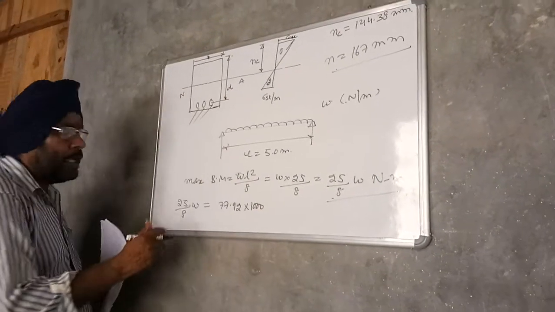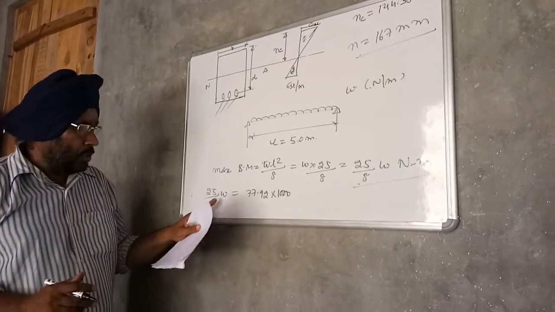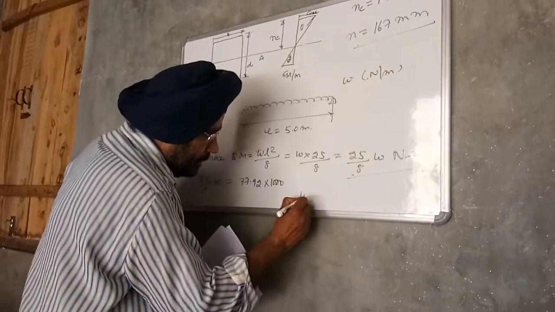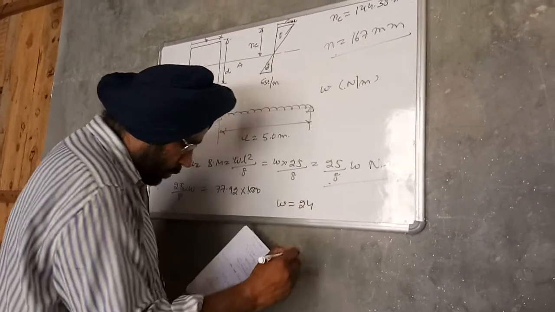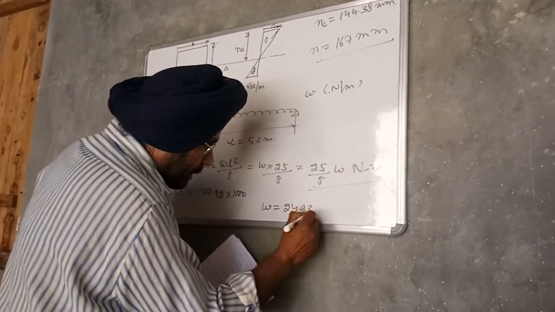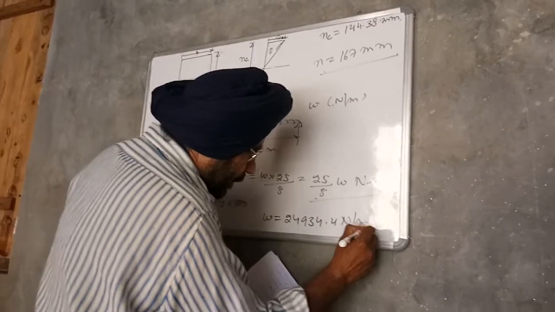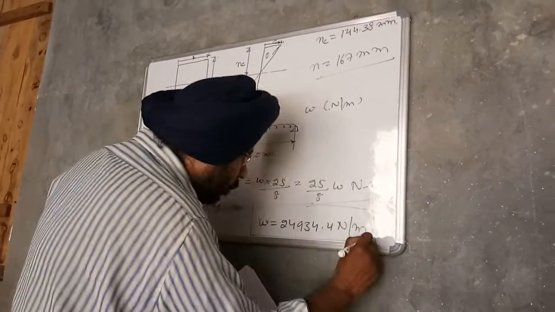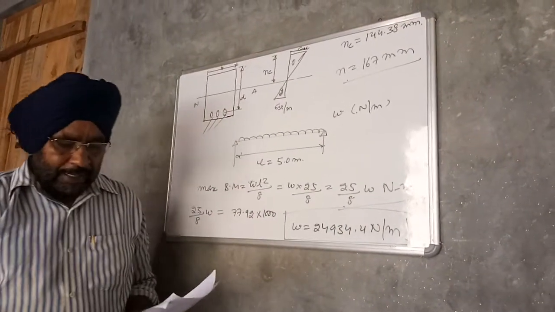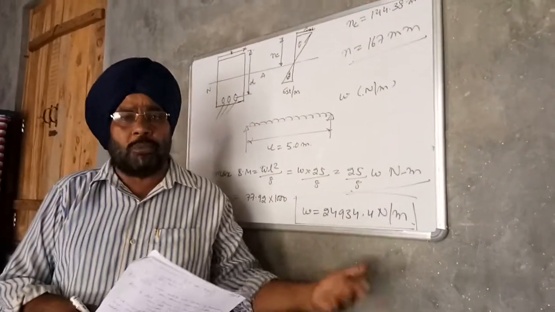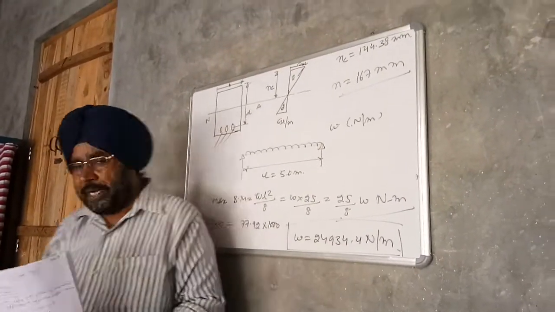From this we get the intensity of loading w, its value is 24934.4 Newton per meter. This is the UDL the beam can carry, including self weight.